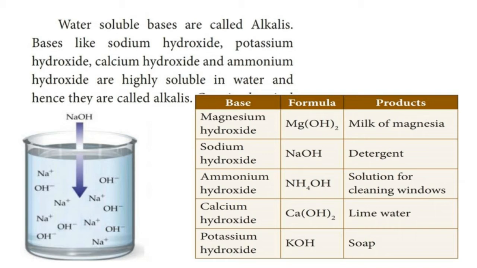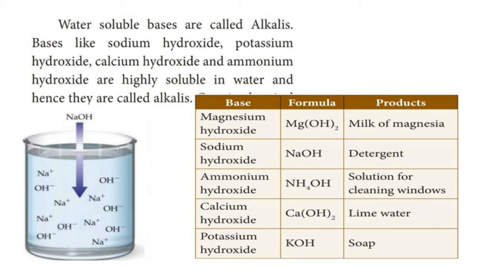Next, let's see some common bases in some products. Say first product, the milk of magnesia. In milk of magnesia, we can see the base magnesium hydroxide. The formula is Mg(OH)2. Next, detergent. In detergent, they are using sodium hydroxide, NaOH.